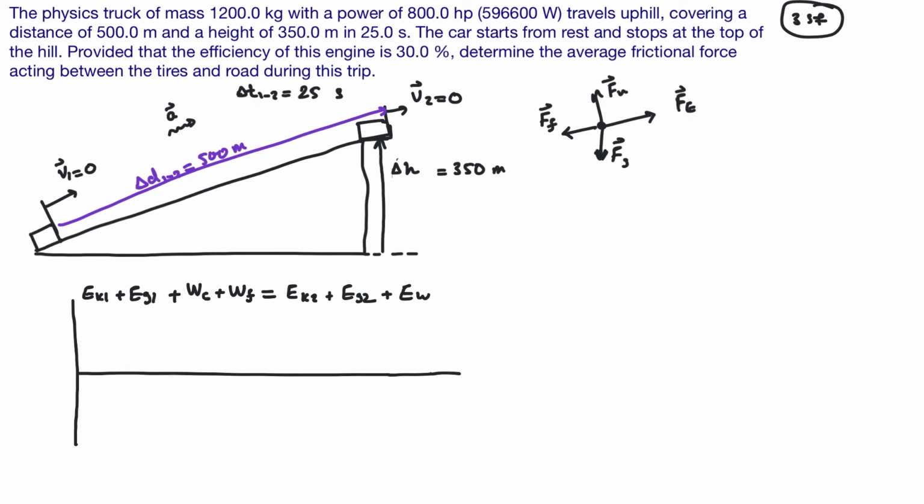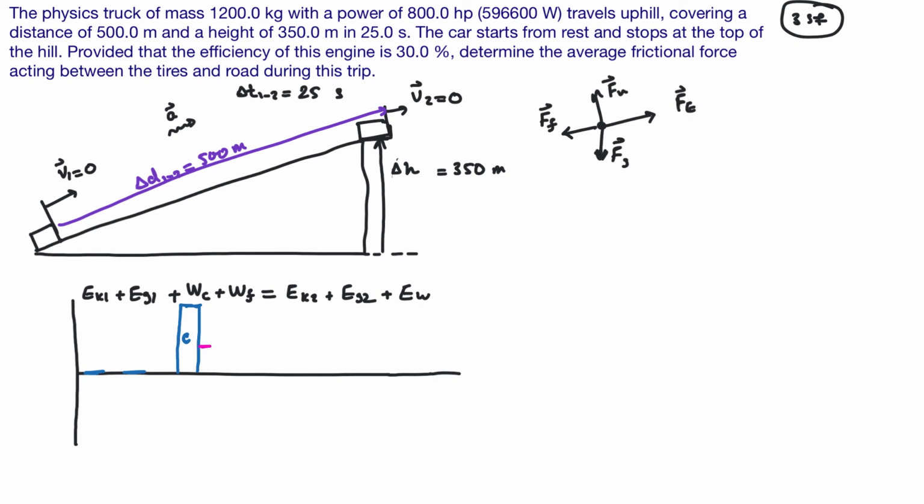Initial kinetic energy and gravitational energy are 0. The chemical energy, that's a very large amount of energy. I'm going to draw this pretty big. And maybe I won't even color it in. I will start labeling it. So this is the chemical part. And you don't have to do this, but I like doing it because it helps me understand where the energy is going.